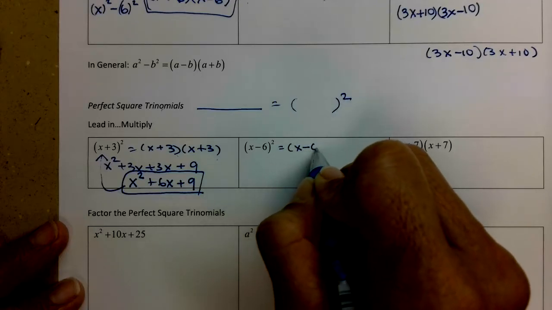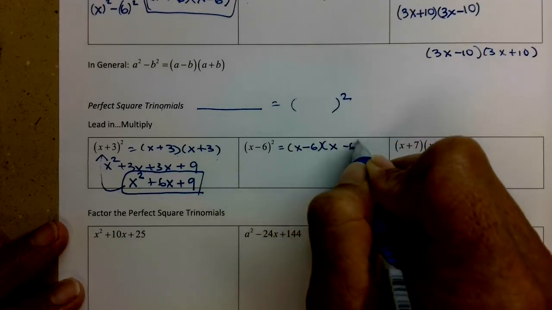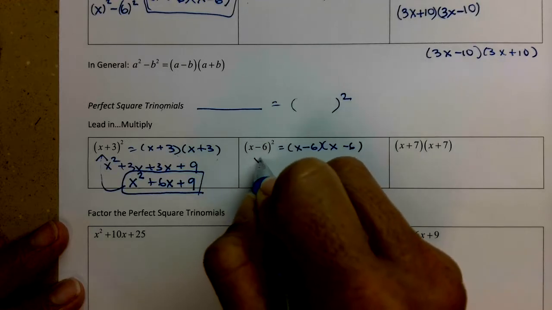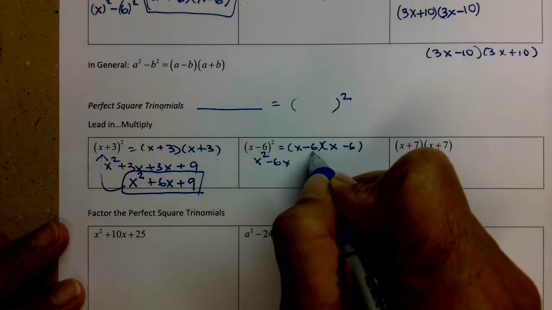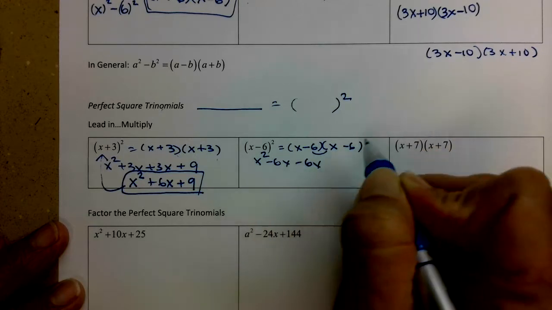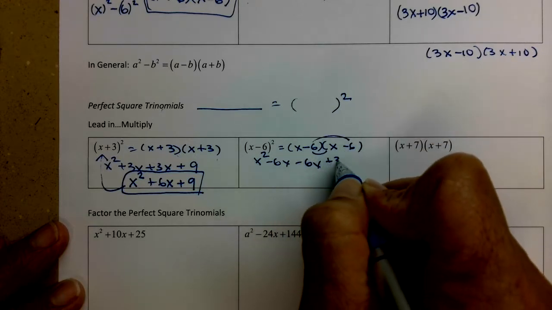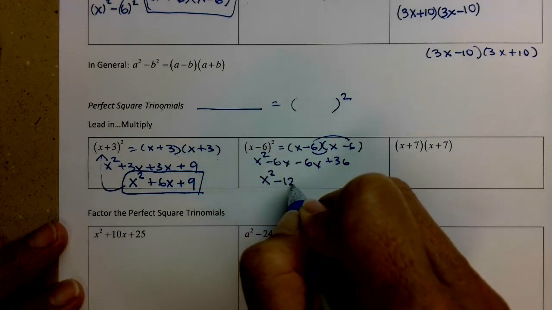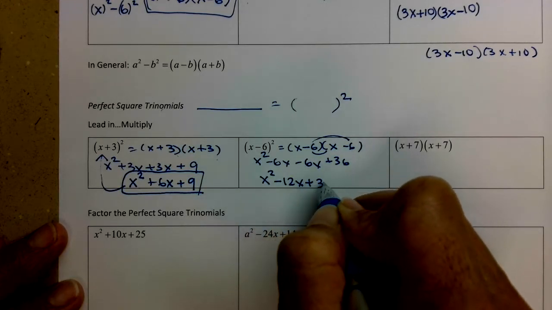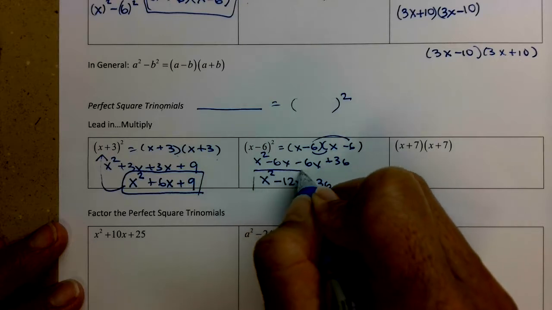So x minus 6 squared means x minus 6 times x minus 6. We'll get an x squared minus 6x minus 6x plus 36. So x squared minus 12x plus 36.